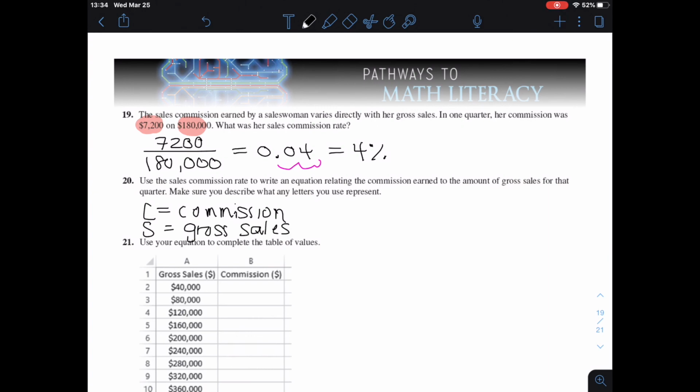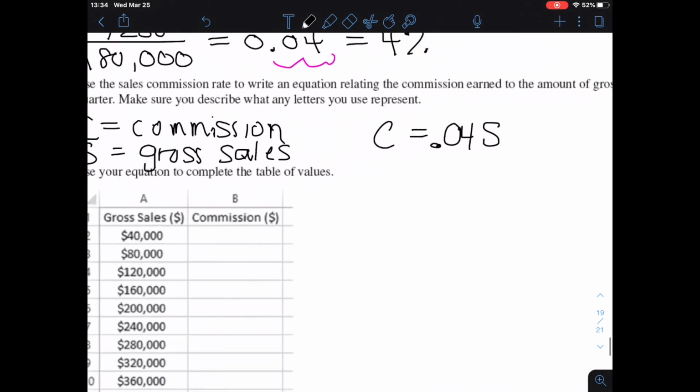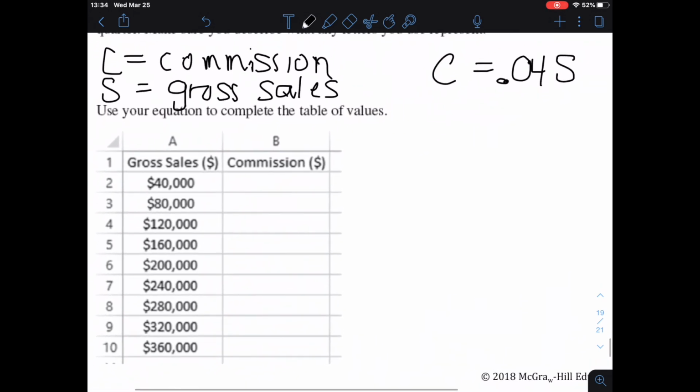Okay. So her commission is 4% of her gross sales. So we're going to take the S and times it by 0.04. So now, based on all these different gross sales values, we can figure out her commission. And we're just going to use this equation.